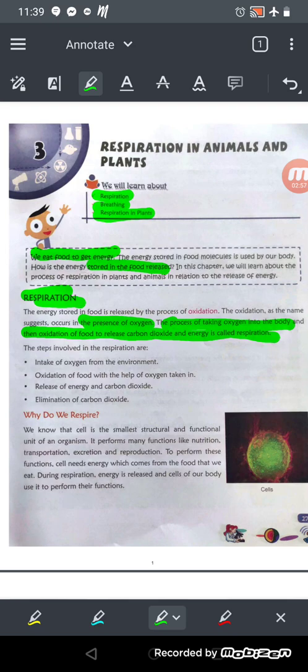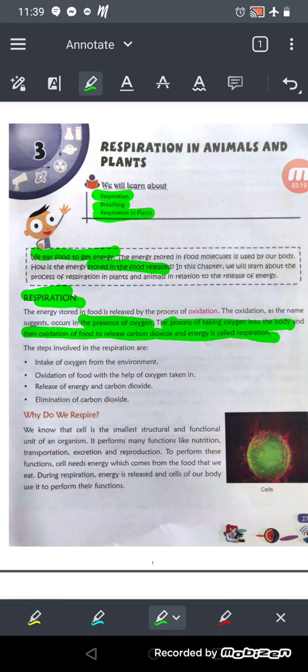So we take food, it goes to our body and is assimilated into the cells. When we take in oxygen, that also goes to different parts of the body, to the cells as well. In the cell, oxygen helps to break down food, for what?